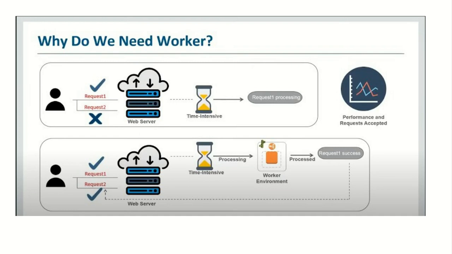This time what it does is transfer all these tasks to the worker environment, and this worker environment will handle all these tasks. Once request one is successfully completed, meanwhile, if it receives a second request, since it has completed processing request one, it will accept request two. I hope the scenario was clear. What we are doing by installing a worker environment is avoiding spending a lot of time on a single request.